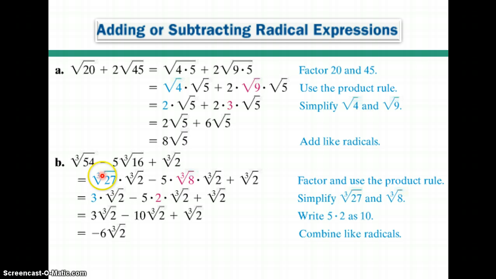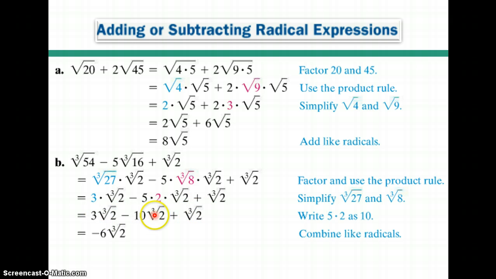By simplifying cube root of 27, we have 3 times cube root of 2 minus 5 times 2 times cube root of 2 plus cube root of 2. 3 times cube root of 2 minus 5 times 2 is 10 times cube root of 2 plus cube root of 2.